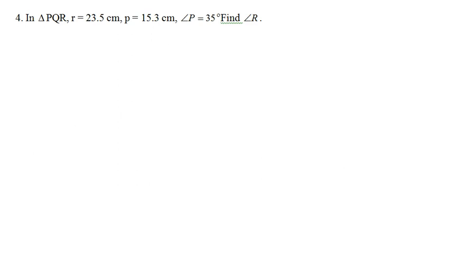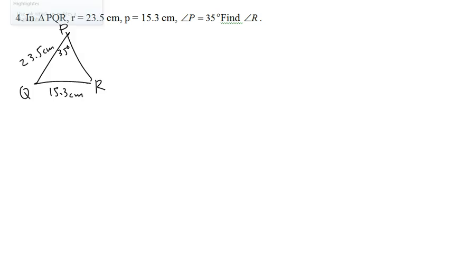Okay, and our last guy here, again, let's just draw a generic triangle that we can label up. There's P, there's Q, there's R. I've got 23.5 centimeters, 35 degrees, and 15.3 centimeters. And they want us to find angle R. Again we can use the sine law because we have angle P and side p.